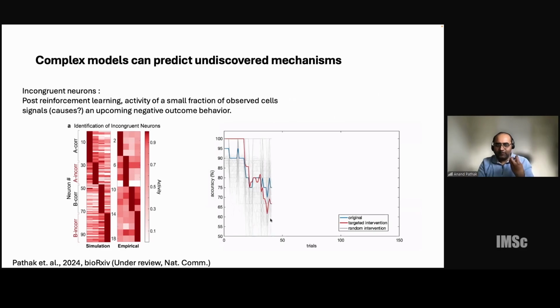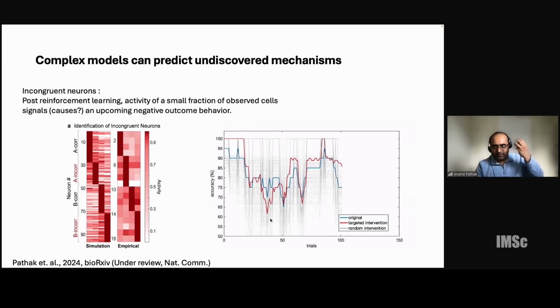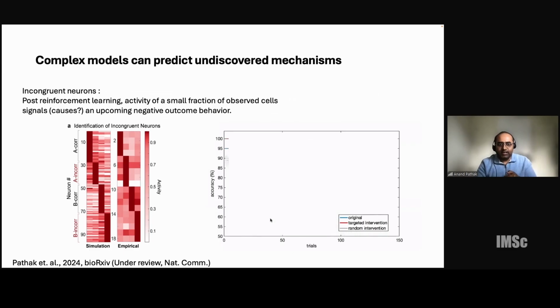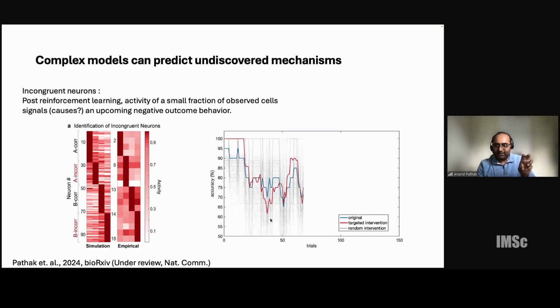Think of a thought experiment: if in real time you're recording spikes from the cortex, and you identify those 3-4 neurons and use them as a predictor, and using that, you stop the experiment whenever the monkey is going to make a mistake, you actually end up improving the performance of the monkey. So this is all the real data.